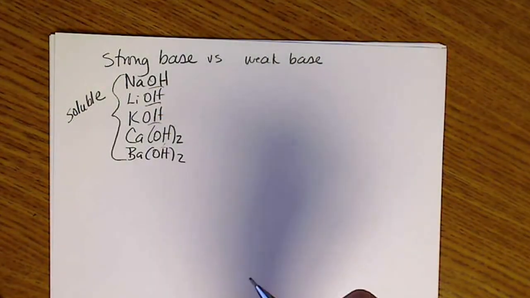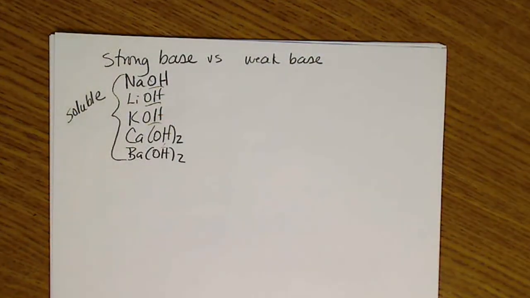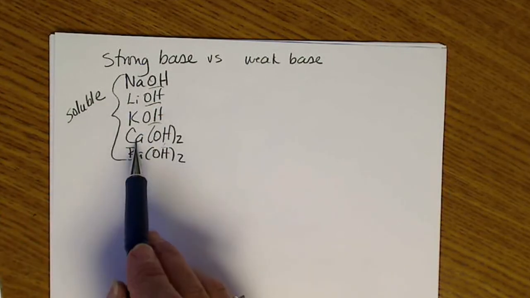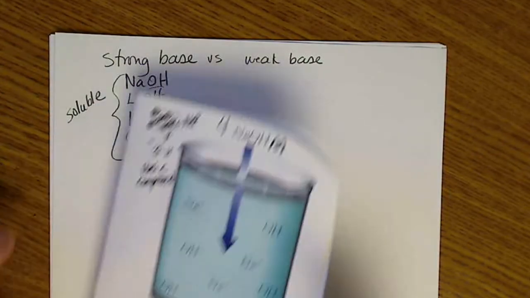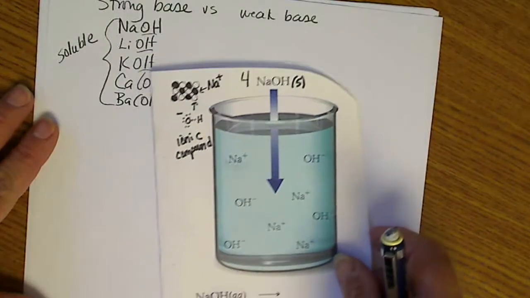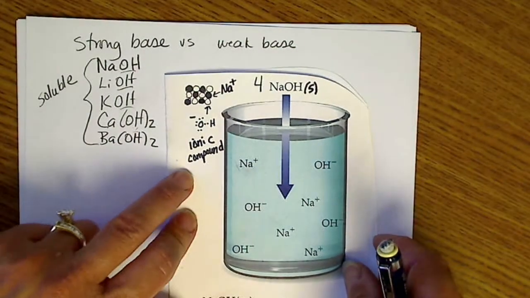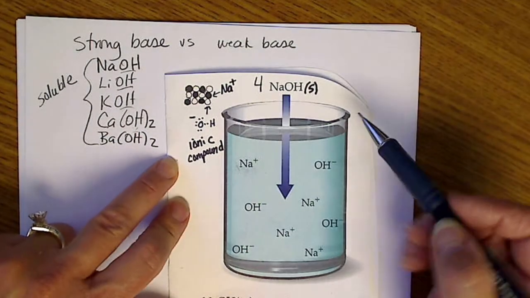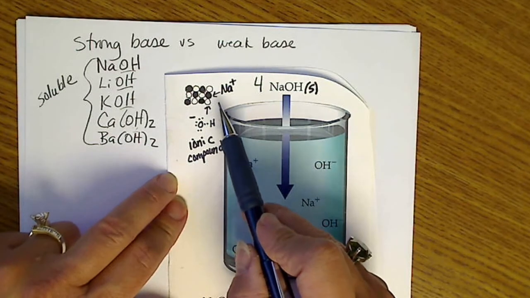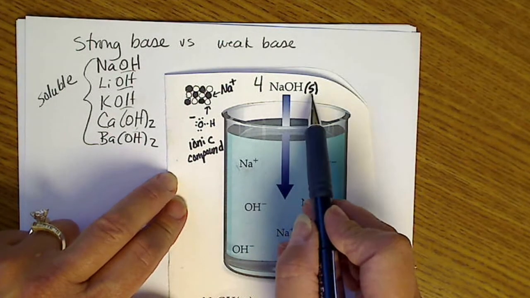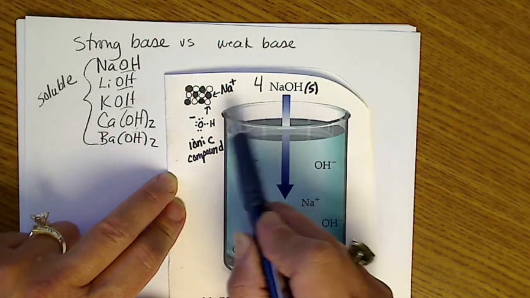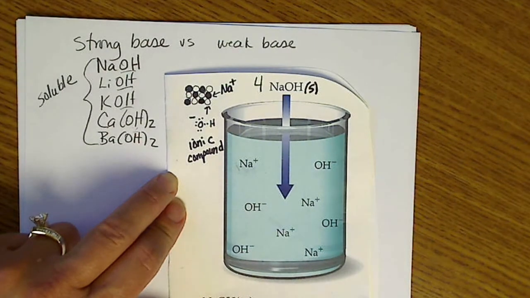And when we look at sodium hydroxide, I'm going to go ahead and look at that right now, just to remind us that these are going to be an ionic compound, a metal with a nonmetal. So sodium hydroxide, or this could be lithium or any one of these, that's an ionic compound. So remember, we can buy this and it's going to be a solid, as all ionic compounds are.